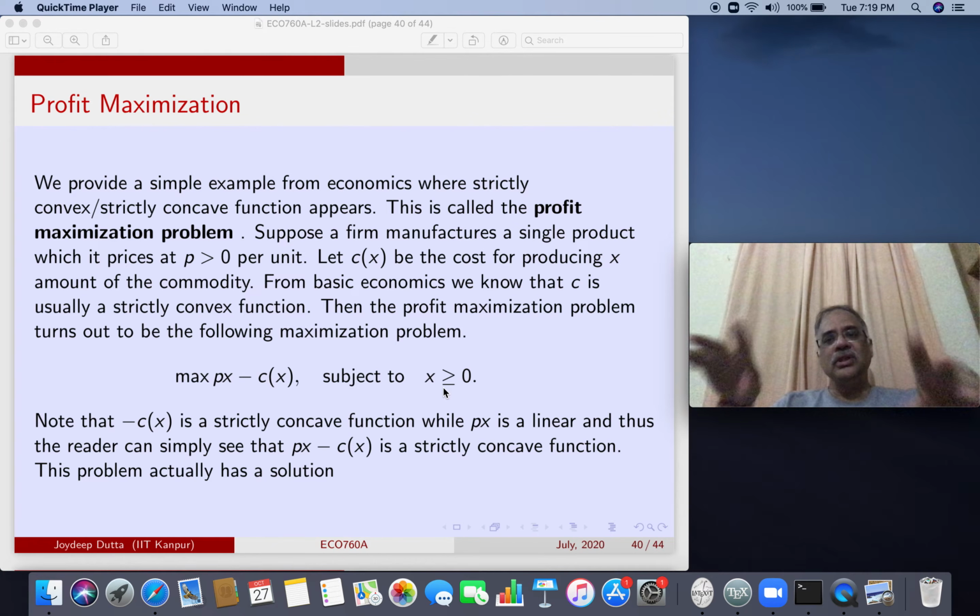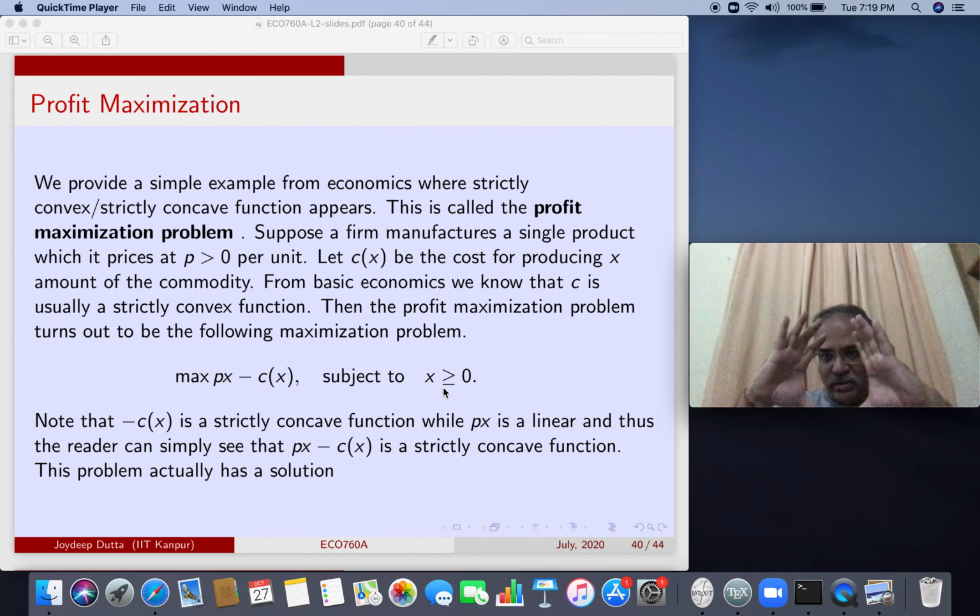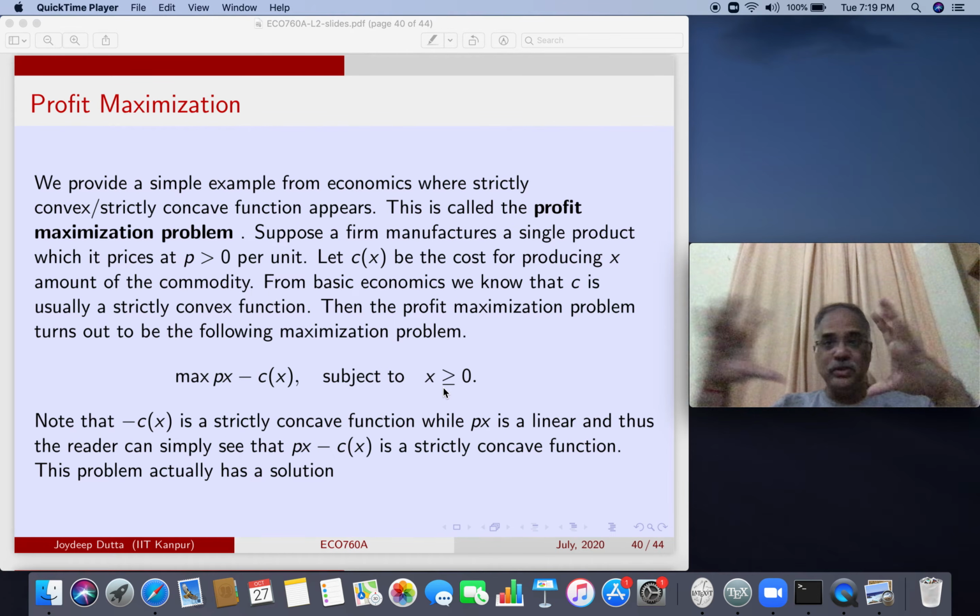Now, of course, if X star was the real maximizer, then what would you do? You would actually check the second derivative. You have to show that the second derivative would be strictly less than 0. Then you will know that this is the maximizer, because I don't know anything about any additional thing.